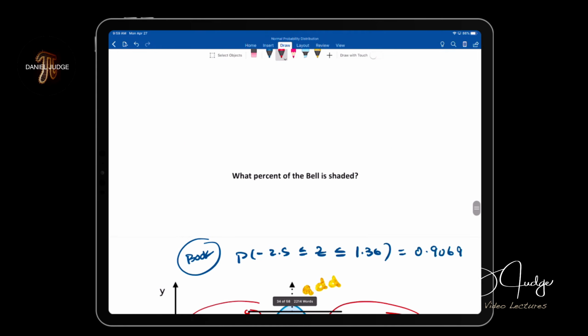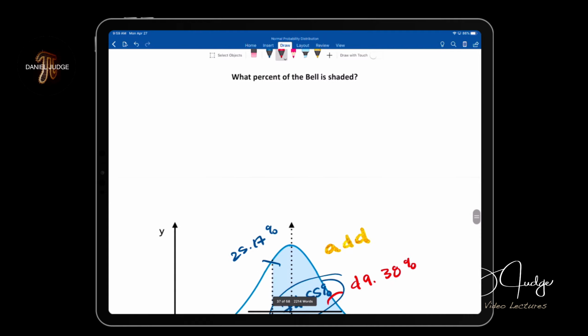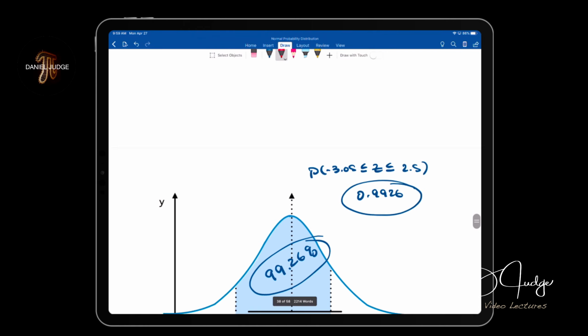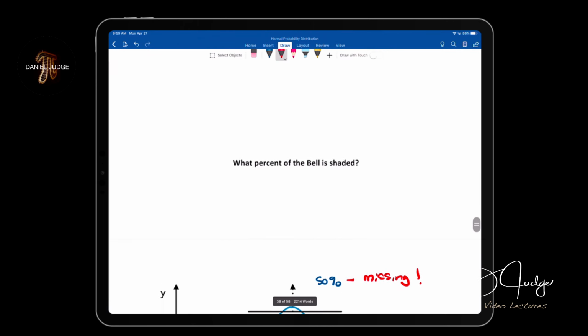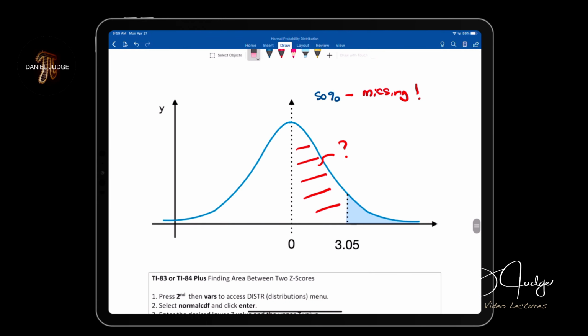So 49.89%. What I'll do now, ladies and gentlemen, with 49.89%, I'm going to have to subtract this portion. I subtract what is missing.